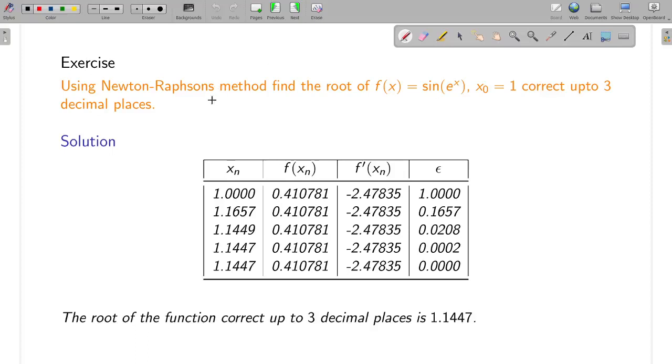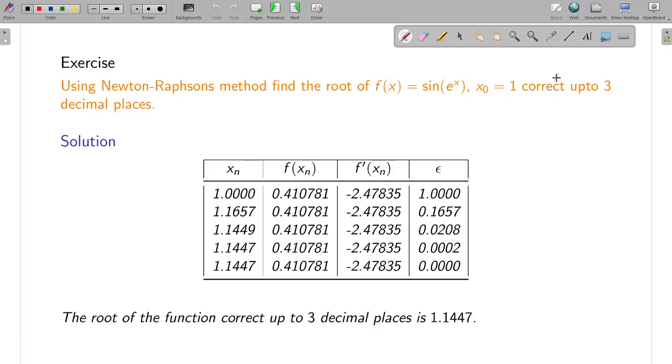So if we want to use the Newton-Raphson method to find the root of f of x, which is sine of e raised to x, you can plot this function on GeoGebra. It's a very nice function, you see. So for sine of e raised to x, take the starting point x naught equal to 1, correct up to 3 decimal places.